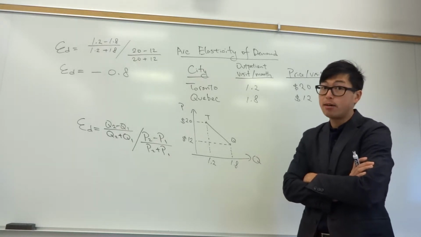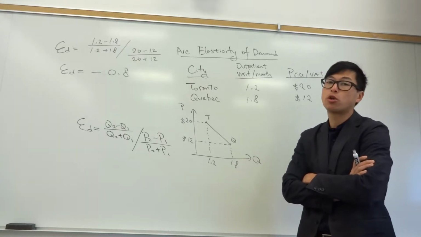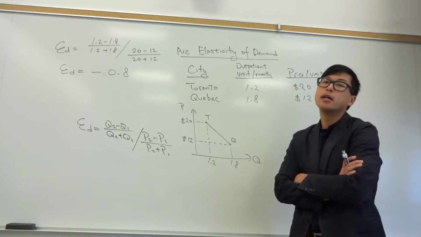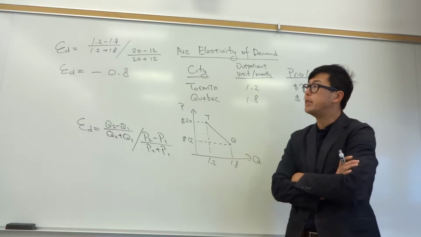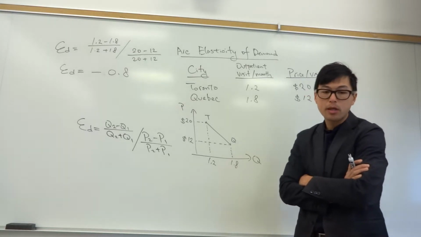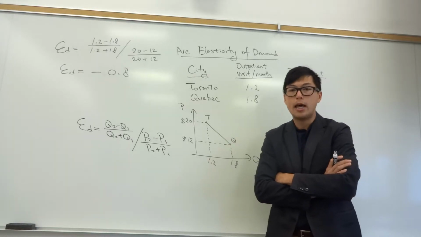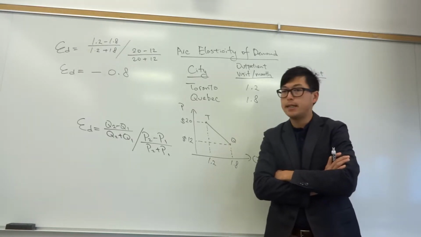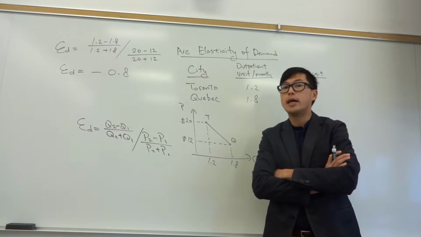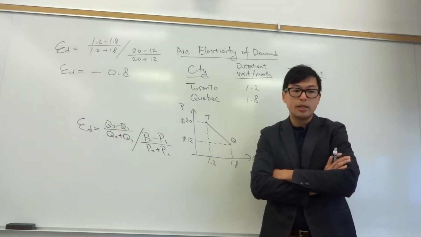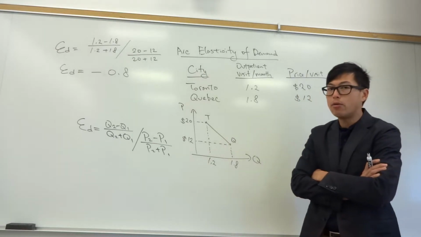Well, the negative sign tells us when the price increases, the quantity demanded for outpatient service will decrease. And when the price decreases, the outpatient service will increase. So this is basically the simple concept that helps us to understand how we actually make use of the data in reality.